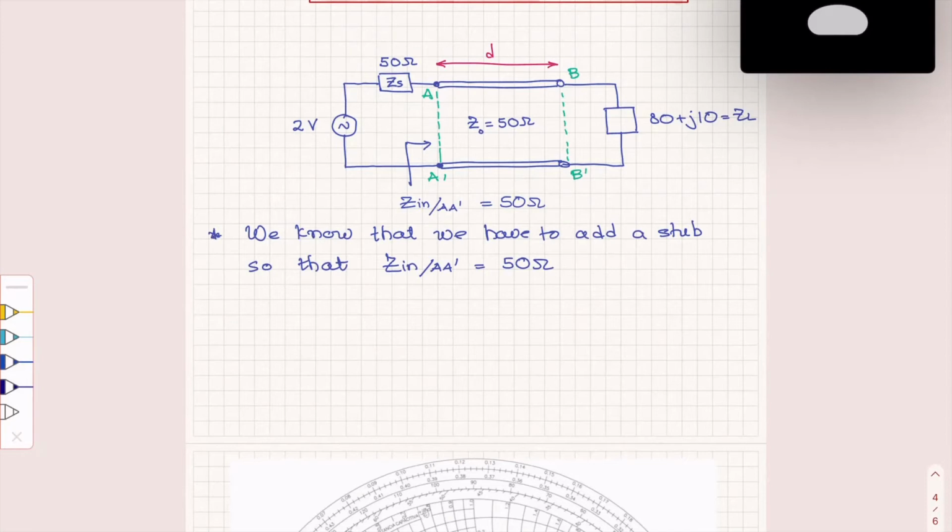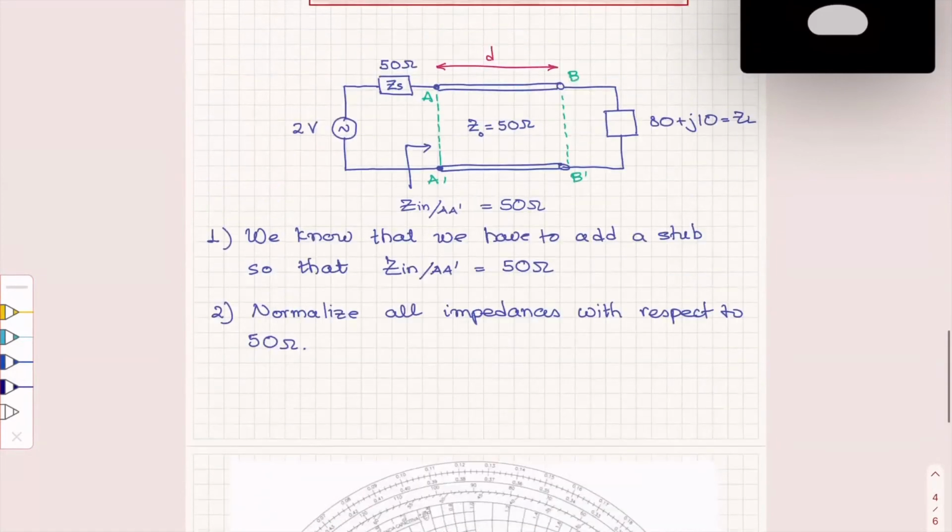Number two, to use the Smith chart, we normalize all impedances with respect to 50 ohms. Okay.